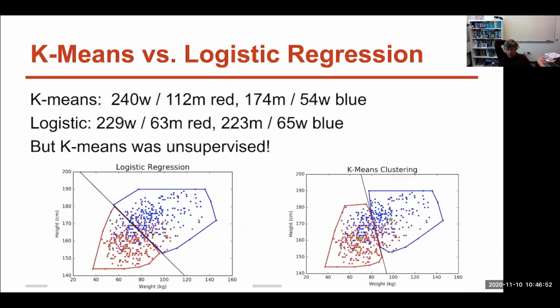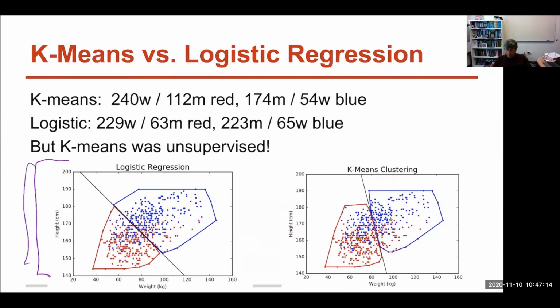So remember this data set that I had, which was men and women in height, weight space. When we looked with a supervised classifier to try to identify the separating line between men and women in this space, this is what logistic regression found.